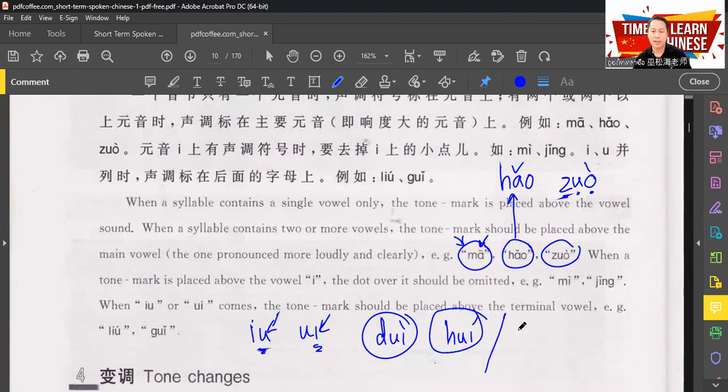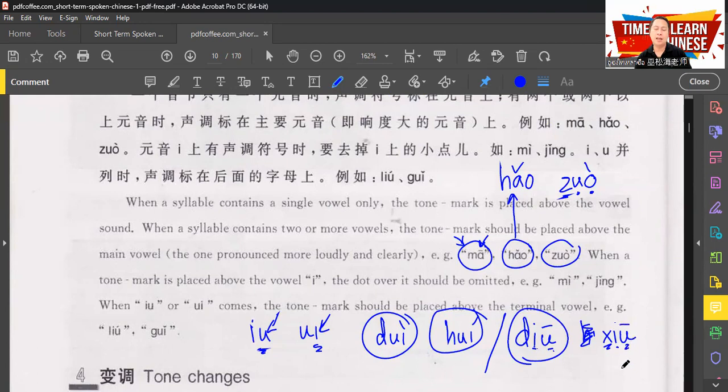On the opposite side, when i comes before u, we have to mark on u also. For example, d, i, u, we call it 丢, first tone. And x, i, u, x is x, i is i, u is u, xiu.